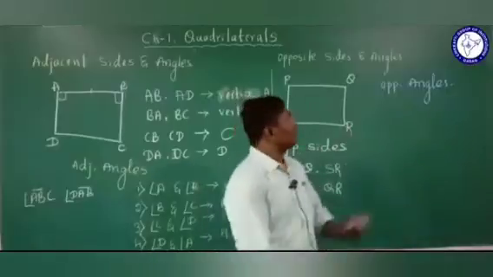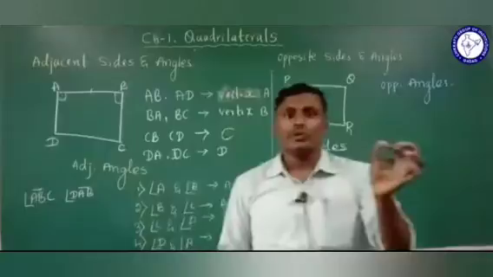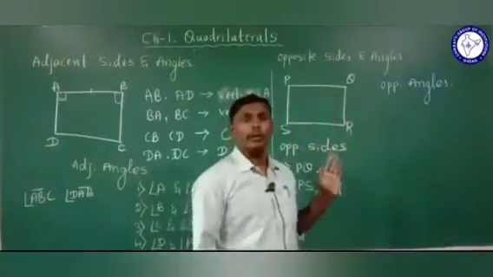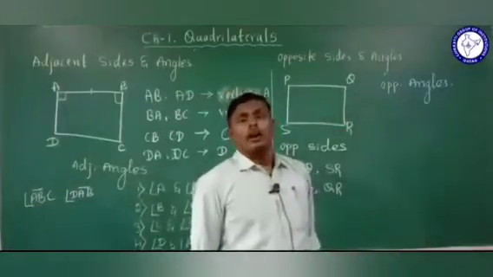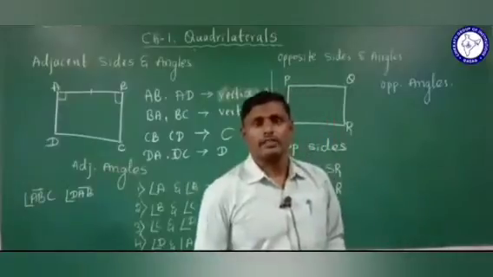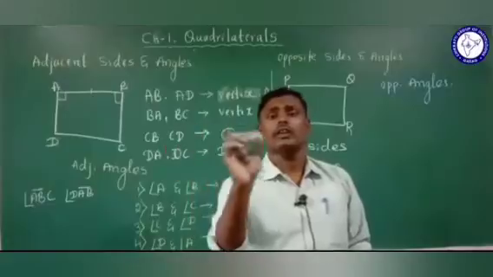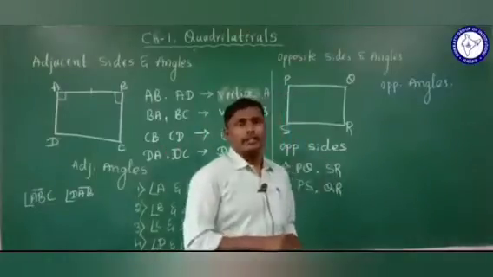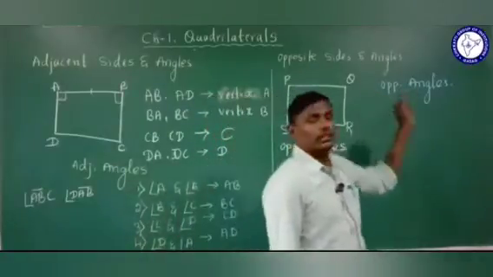But in opposite angles there will be no common side. So how can you define the opposite angles? You can take any two angles which do not have any common side. These types of angles are called opposite angles.